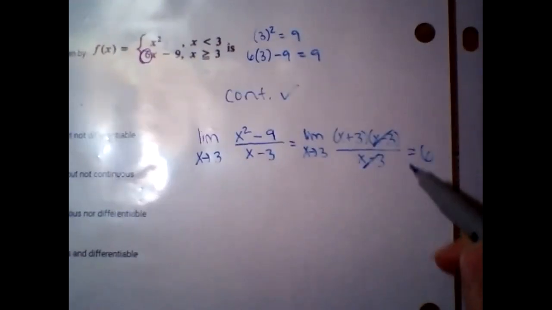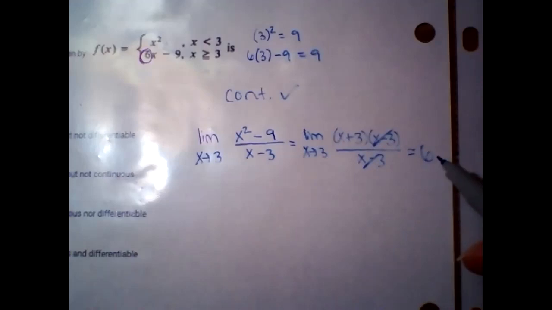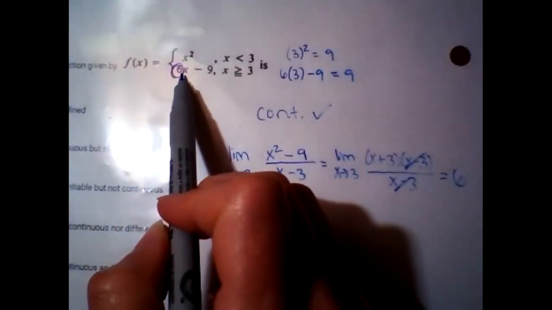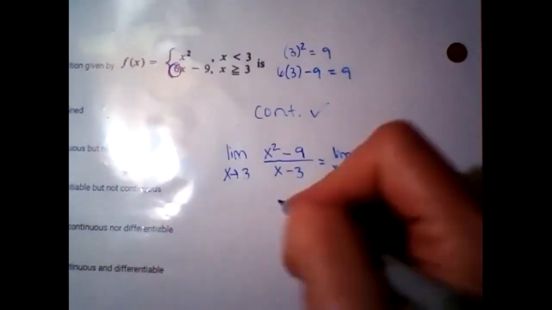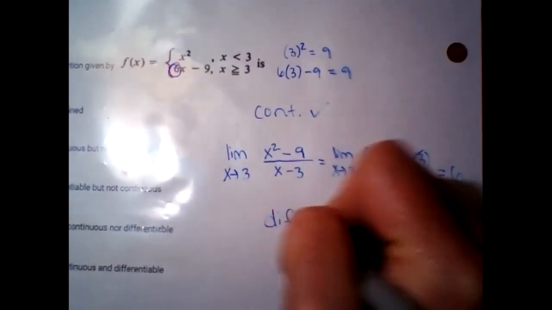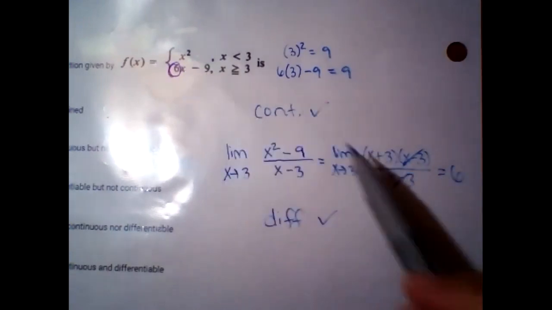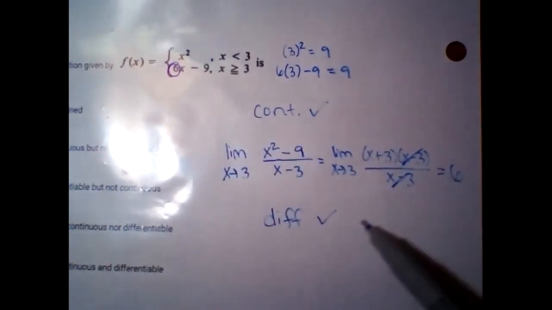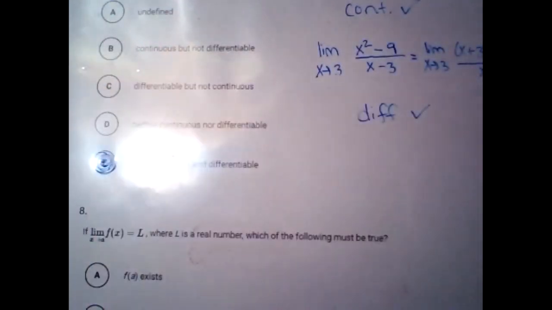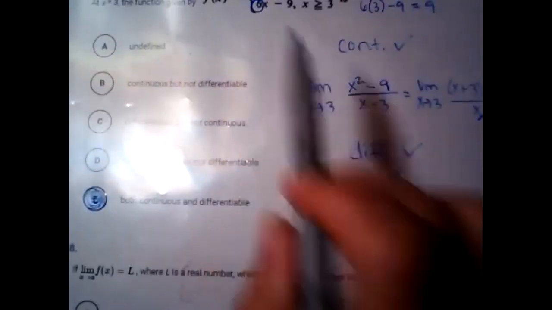So the slope, or the derivative, from the left side is 6, and the slope from the right side is also 6. That's really kind of rare for them to be able to match up like that, but they worked this problem in such a way that they both came out to 6. So we are both continuous and differentiable, which is really kind of rare for a piecewise function to meet up perfectly like that, but they made sure this one did. So that is.